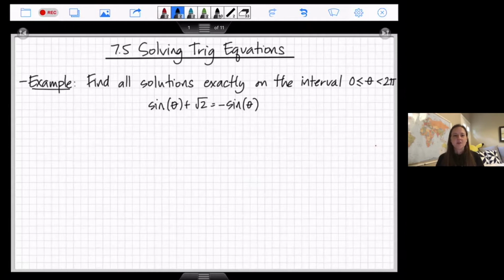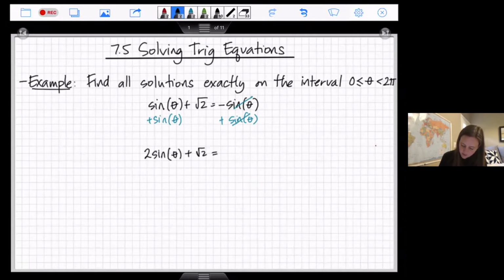So if we're trying to solve the equation sine theta plus root 2 equals negative sine theta, we're going to use a simple technique from algebra to just get our variables on one side and our numbers on the other side. So I'm going to add sine theta to both sides. All right, so I would get 2 sine theta plus root 2, and then I'll have 0 on the right.